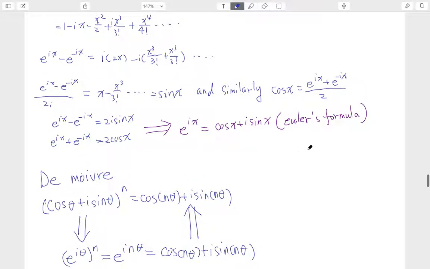And from this formula, we can easily derive another formula that is equally, no, sorry, not exactly equally, but it is indeed also very important. Namely, de Moivre's formula.